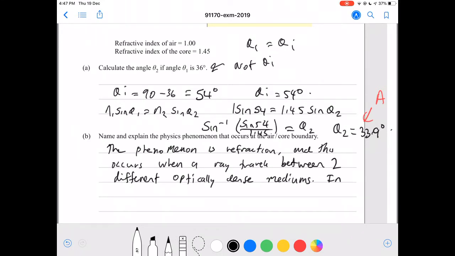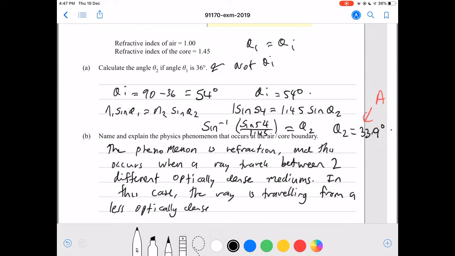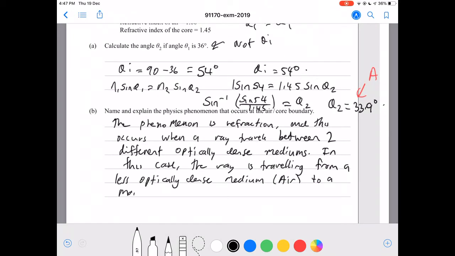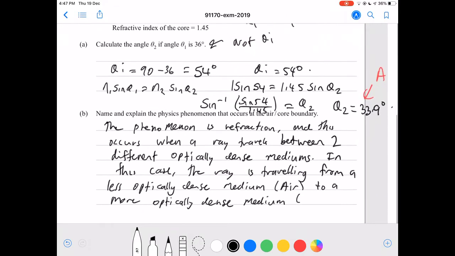You can say in this case, the ray is traveling from a less optically dense medium to a more optically dense medium, and that would be the core.